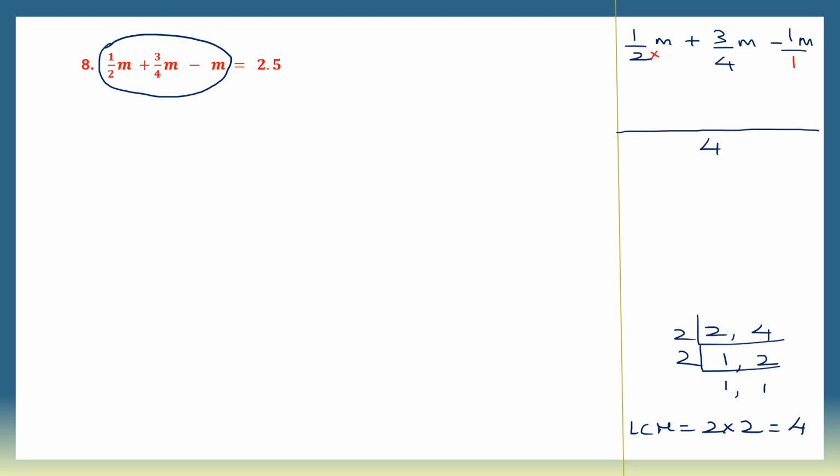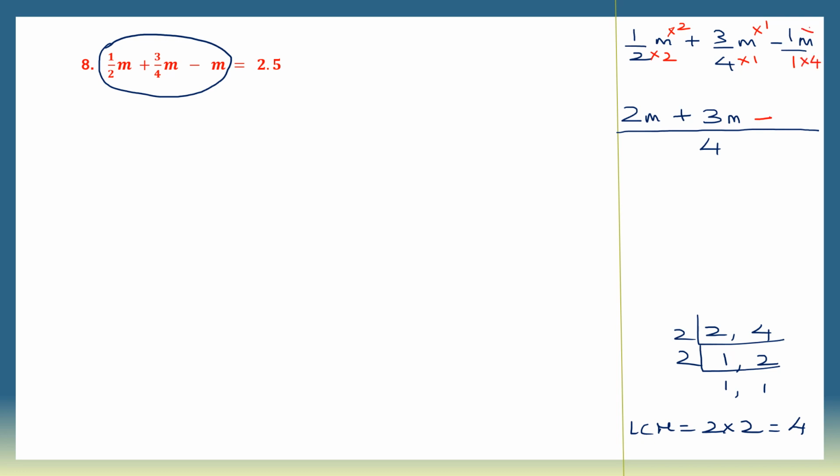Okay, now 2 2's are 4. So 1m into 2 will be 2m. 2m plus, now here 4 into 1 is 4. So we're multiplying this by 1. So 3m will remain the same, 3m. Now the third one, now let's write minus here. 1 into 4.